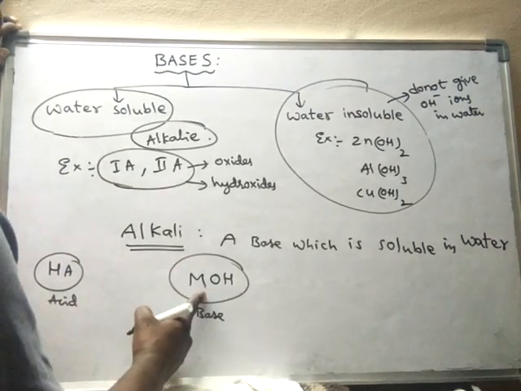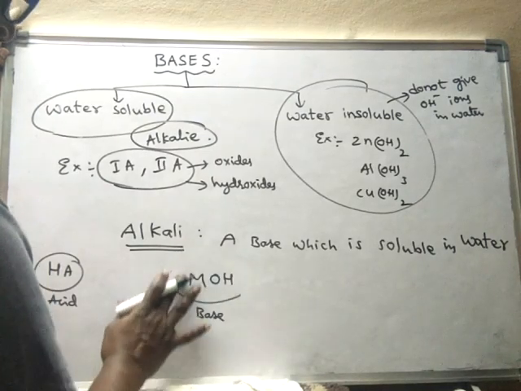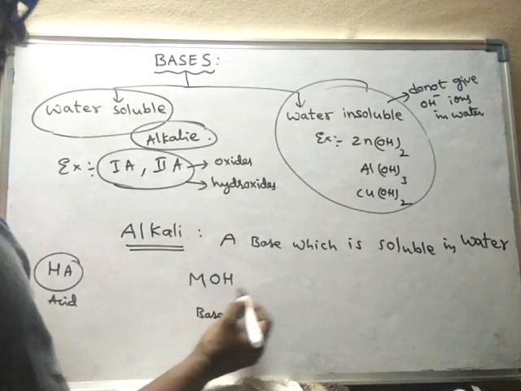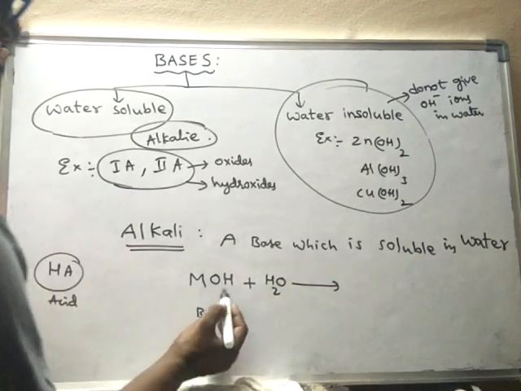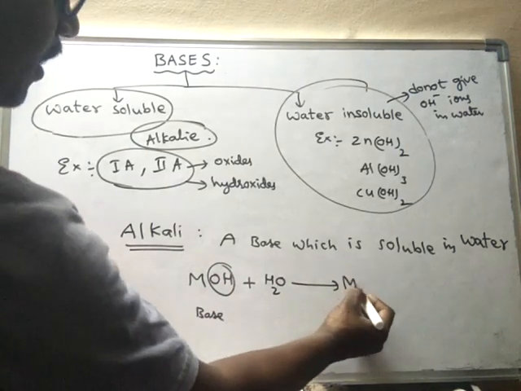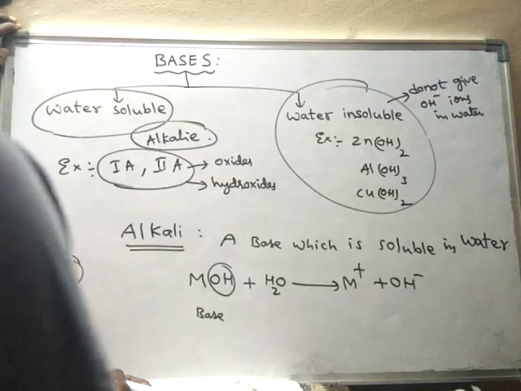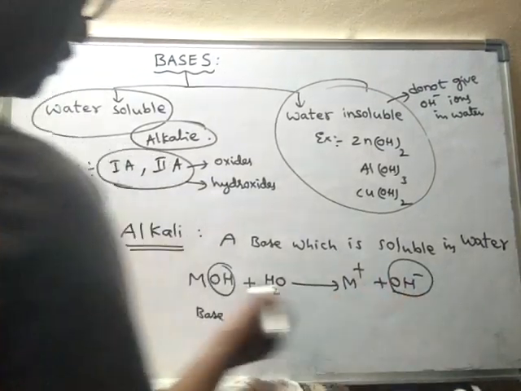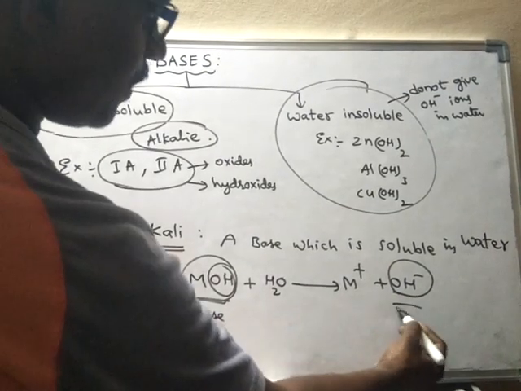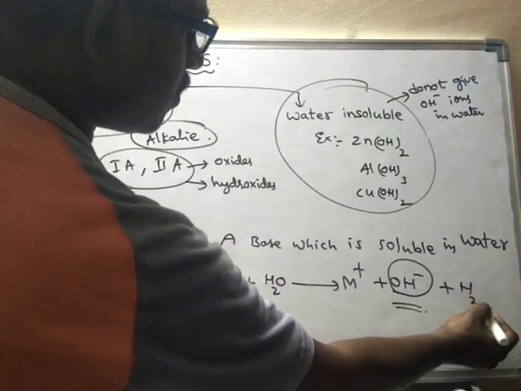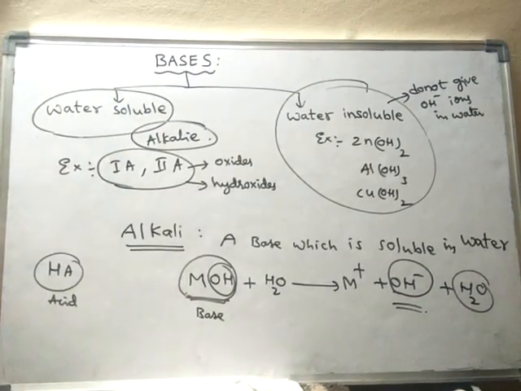Suppose it is alkali, that means a water soluble base. Then what happens? It dissolves in water and breaks down into M plus and OH minus. So this particular base is giving OH minus ions in water. Such bases are said to be water soluble bases.